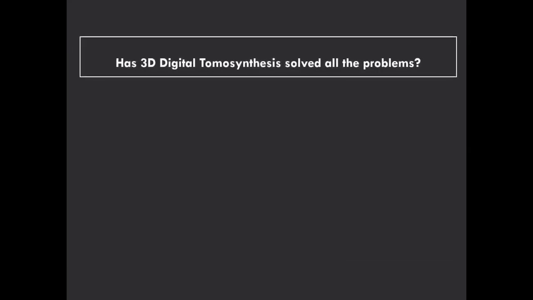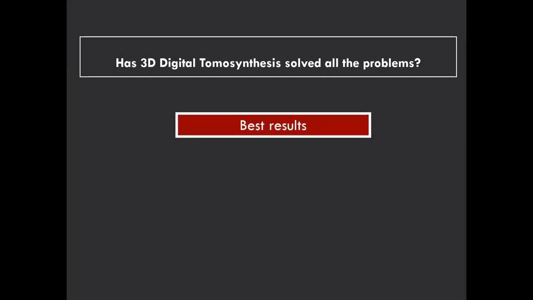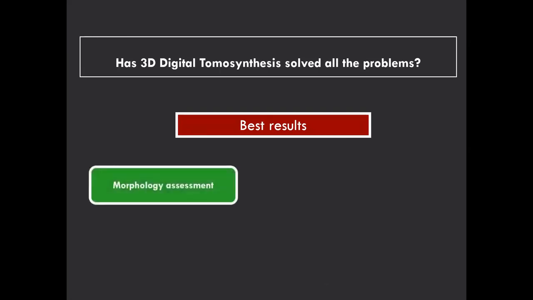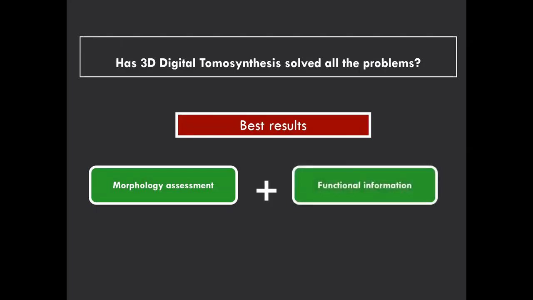If we look at 3D digital tomosynthesis, we might think that it has solved all the problems of breast imaging. But actually, to be true with you, the best results in breast imaging are from modalities which can combine an enhanced morphology assessment, and at the same time, give us some functional information about the tumor cells.